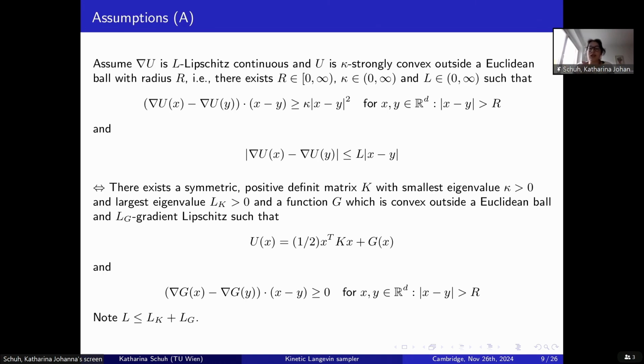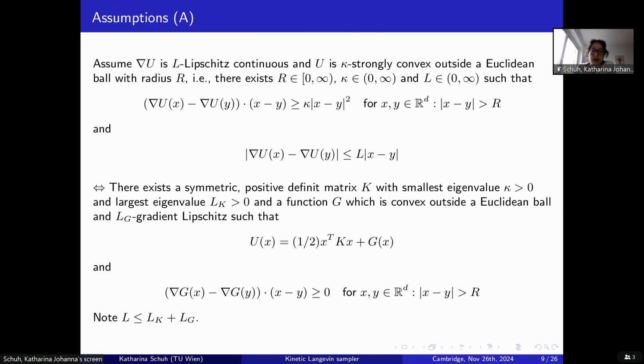A very simple choice for this K would be to take kappa times the identity, but we can also take another positive matrix K. And for this perturbation G, I want that this is only convex outside a Euclidean ball with this radius R, represented in this formula.